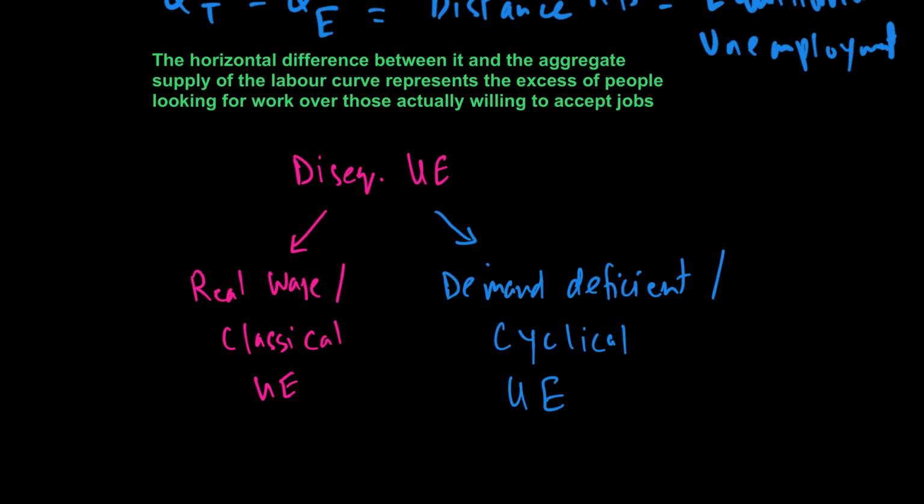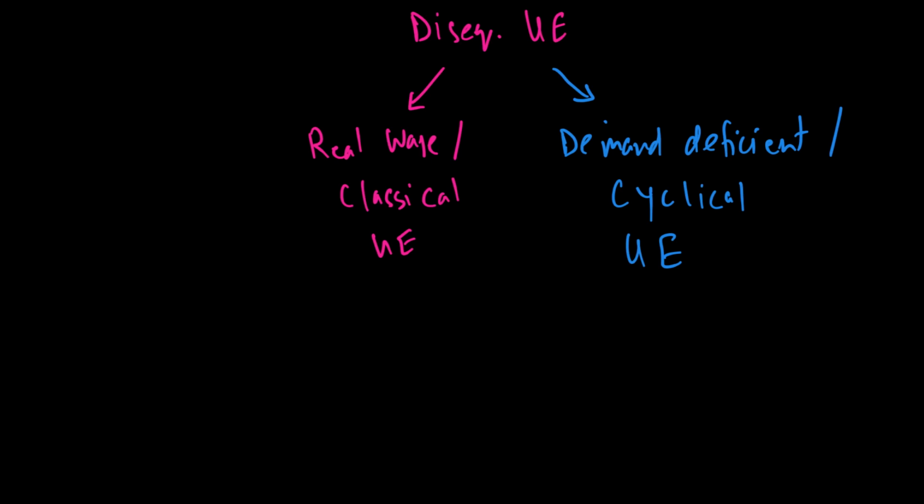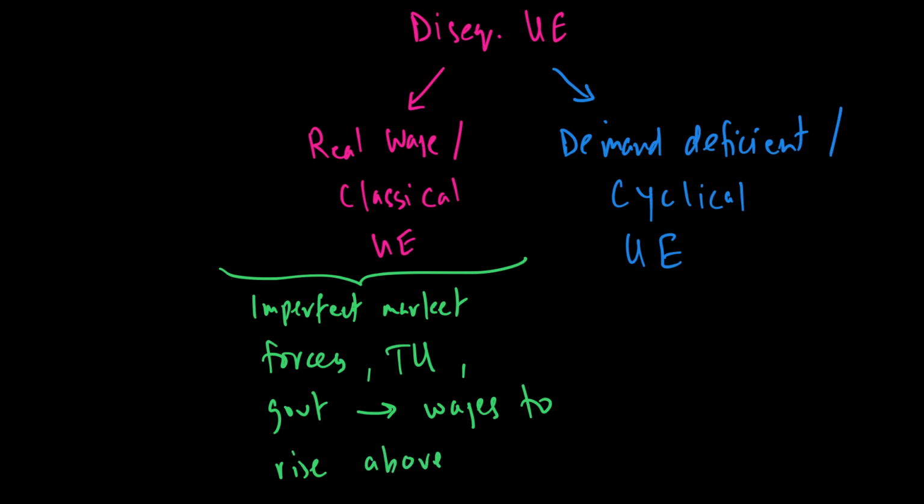According to the classical economists, the reason why disequilibrium unemployment happens to start off with is that there could be imperfect market forces, for example trade unions or government, which result in wages rising above equilibrium.